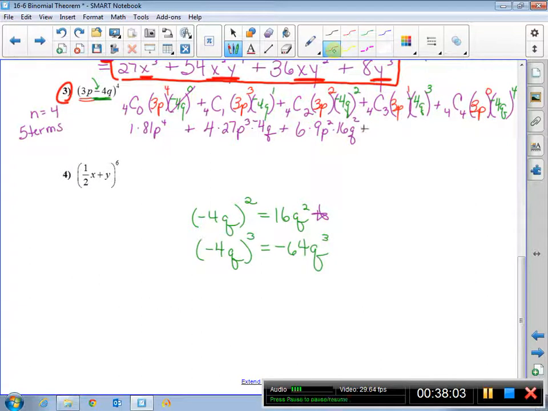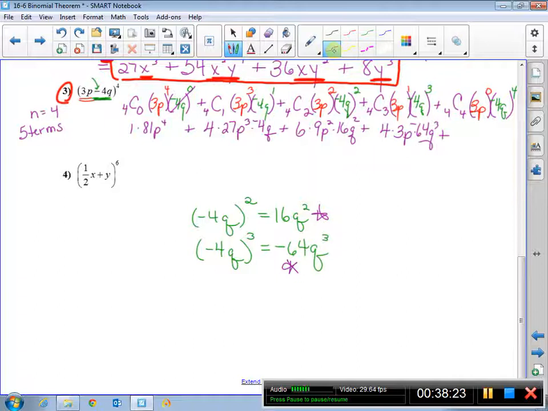Plus 4 choose 3 is 4 times 3p times, we did this one down here, negative 4q all to the 3rd is negative 64q cubed.